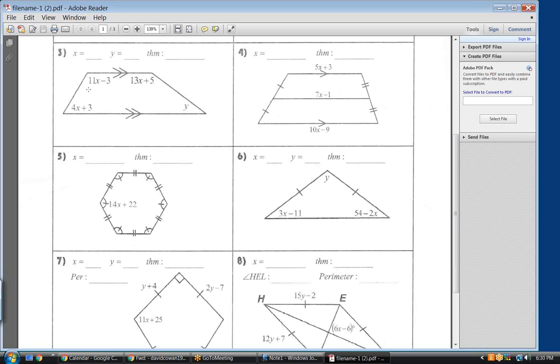If that side was the same length as this side, then that angle would be the same as that angle. If I could call this an isosceles trapezoid, then I could say 4x plus 3 equals y. But it's not an isosceles trapezoid, because those two sides aren't congruent to each other.